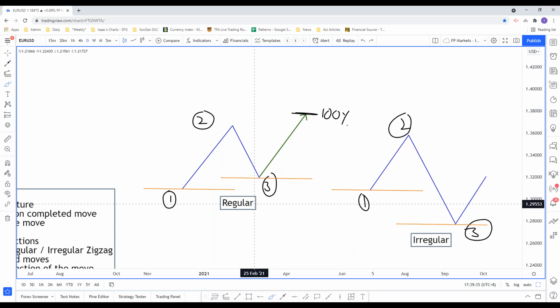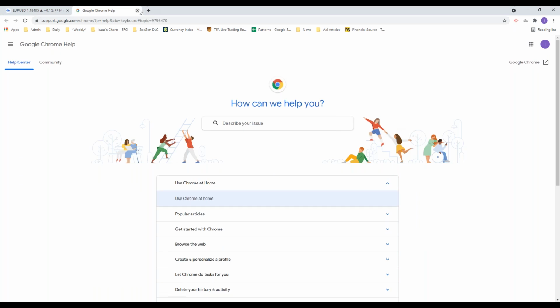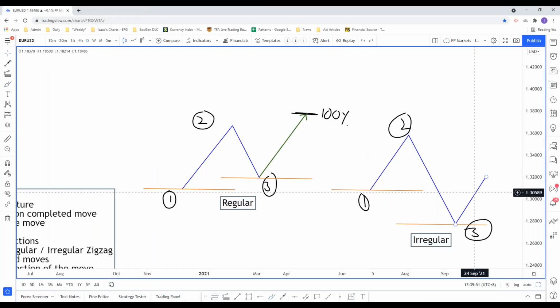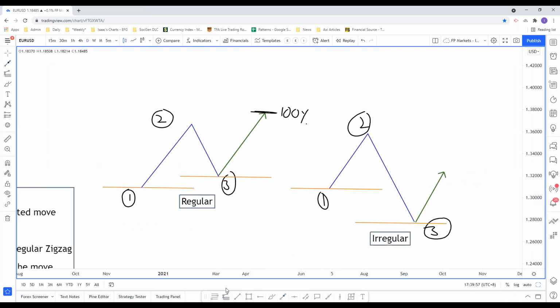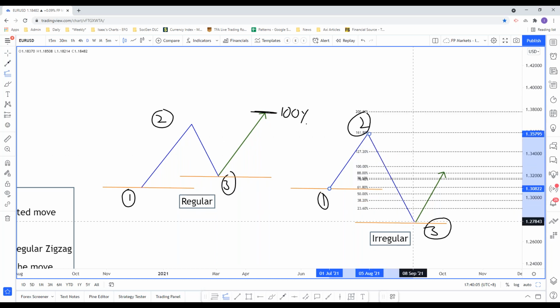At the end of the day, in an ideal picture-perfect world of Fibonacci expansion and projection, 100% is really what you are trying to look out for, whether it's regular or irregular. Same thing over here, you have an irregular zigzag, but you draw the Fibonacci expansion the same way, taking from point 1 to point 2, and then you drag it down to point 3.